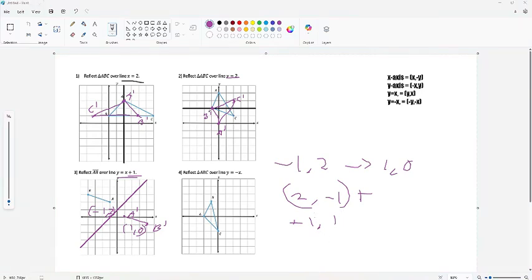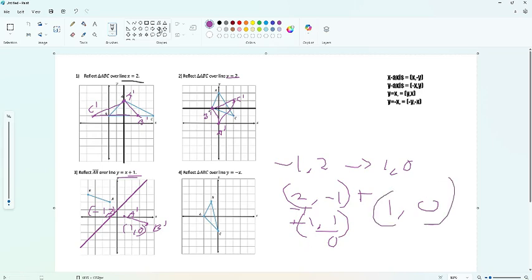Wait, hold on. You subtract on the x because it's the y-intercept. Look, it would be a 0 outcome. Negative 1 plus 1 is 0. So negative 1 off 2 is 1, and you add 1 to the y, since it's the y-intercept, to get 0.